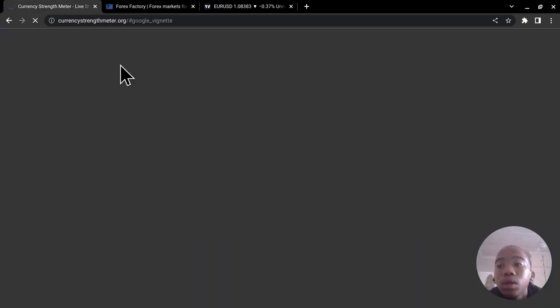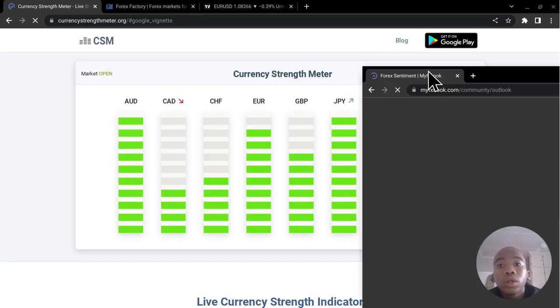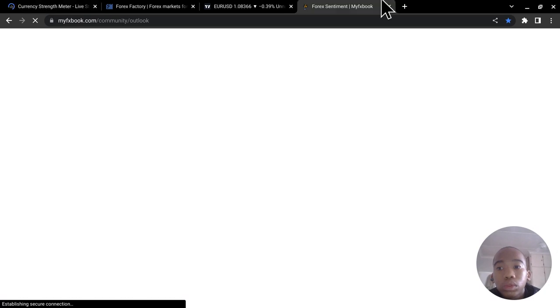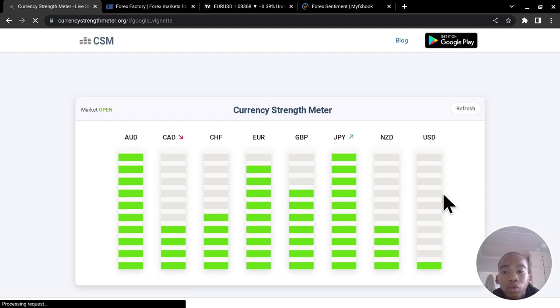And then, not too important, but I also like to look at the current currency strength meter. Let me pull this up, it's going to load so long. I don't know what this is based off of, but it usually works well for me.